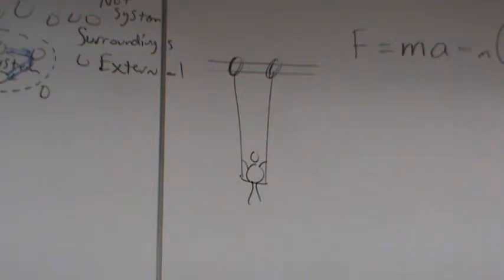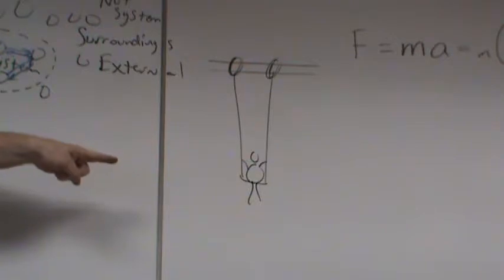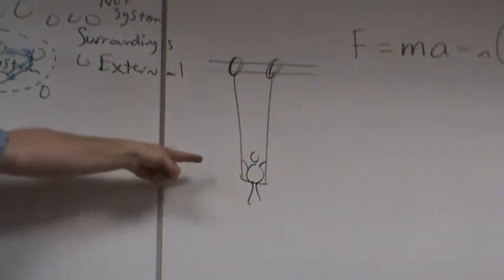What forces are happening in this scenario? What am I doing? Oh, please. Someone tell me, what am I doing? You're standing. Well, I'm not standing, I'm sitting. No, I mean, what am I doing on the swing?